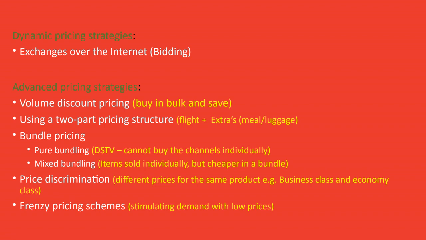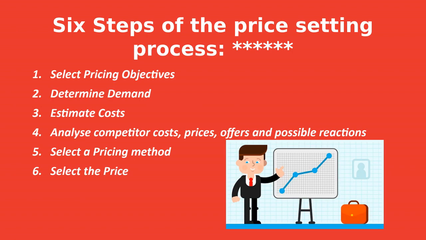So you can see that marketers have quite a lot of scope in terms of how to set their prices. It's a lot more complicated than we think. There are so many variables to take into account, different types of strategies, different types of situations, and different types of products and services for each market. I'm not going to go into the 6 steps of the price setting process, because that's very theoretical and you don't need to know it for your portfolio of evidence.